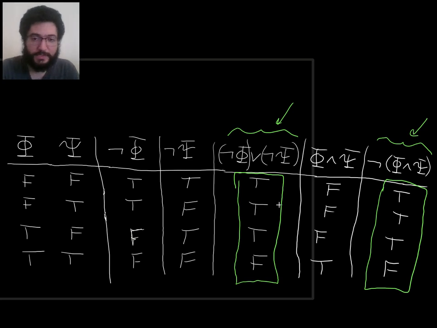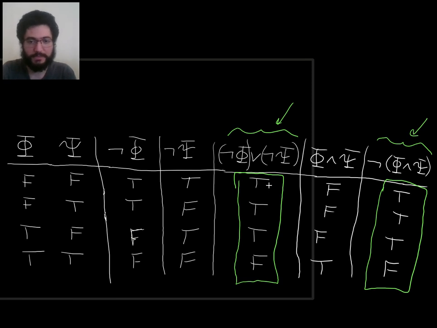So that suggests that, in some sense, these are the same. Not phi or not psi is somehow the same as not phi and psi. Now, the exact way in which they're the same, we will make more precise later on. But I hope for now that you can somehow make it intuitive to yourself that they're the same.